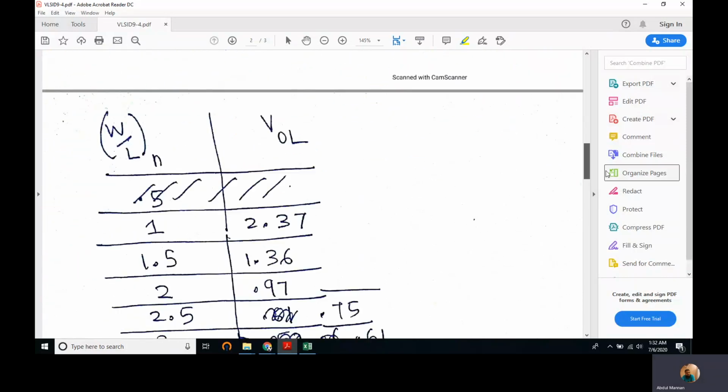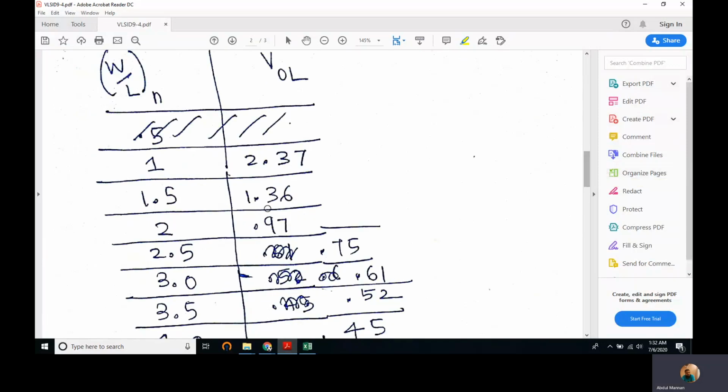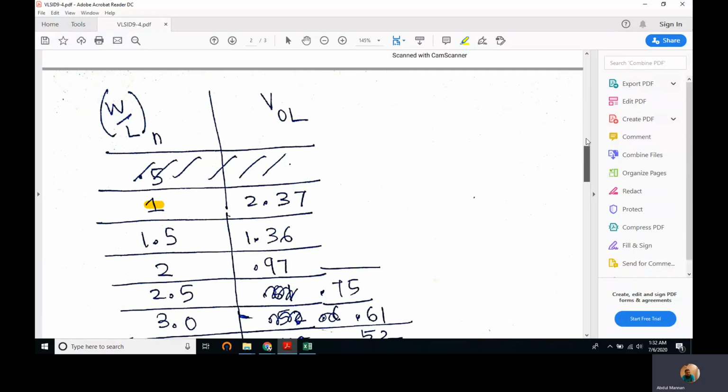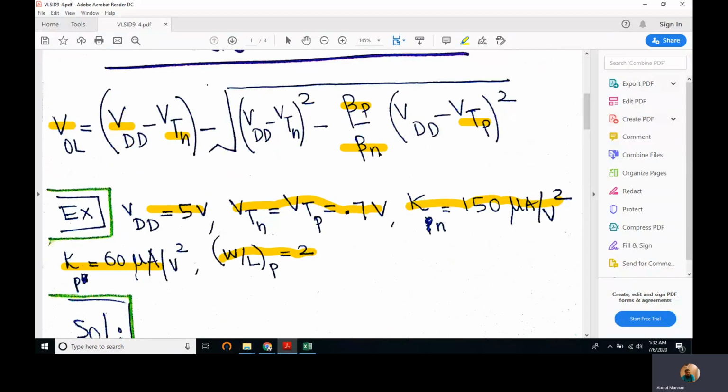Let's go ahead and vary the aspect ratio of N. Put that value, for example, we have put 1 to start with. Beta N is kappa N, 150, times 1. Everything else remains the same.